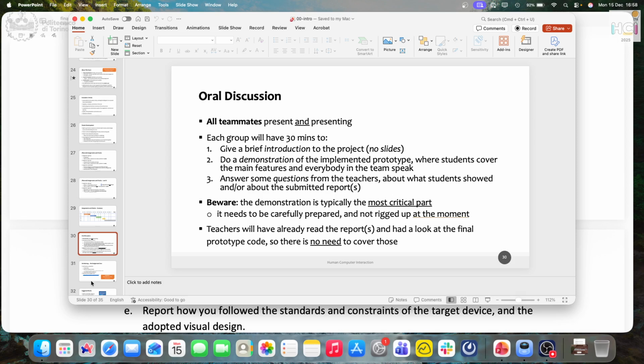After the exam, we will tell you something like, let's put ourselves in the easy case. Everyone got 5 points on the heuristic evaluation, and we decide to give the same score to the entire group. So everyone in your group got 27, 28, whatever it is.